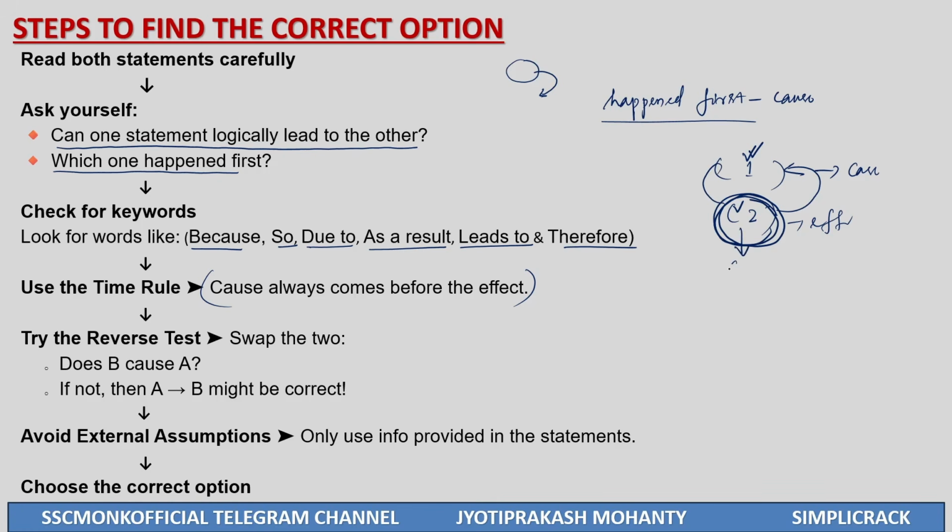That means the right answer is statement 2 is the cause and statement 1 is the effect. See, this may seem a bit confusing now, but you need to understand that whenever two statements are given, you need to look at it both ways. First statement is cause, second is effect. Then in the second instance, second statement is the cause, first statement is the effect. And you need to ensure that one option is being eliminated. And that's how you will be answering the options.